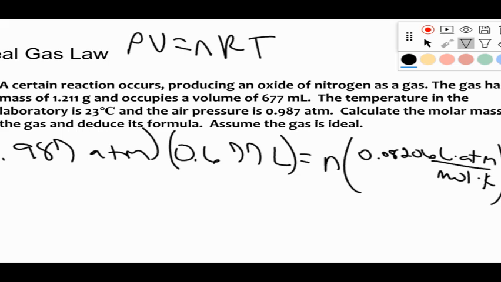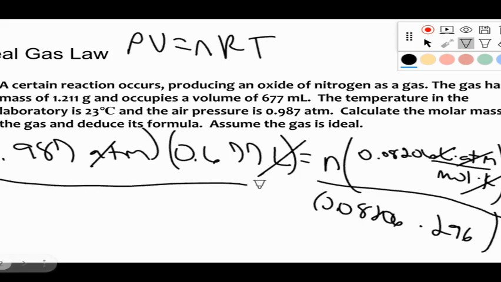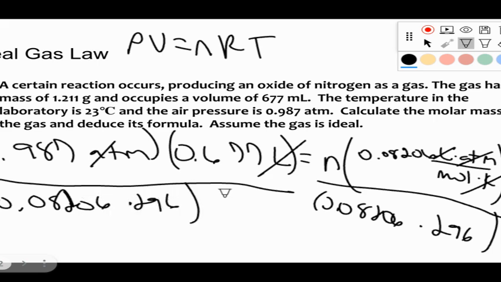I'm going to run out of room over here. Okay, so then mathematically, I'm going to solve it out. Now I'm not solving for pressure, because I won't always solve for pressure. It's just often we do. I'm actually solving for my moles, so mathematically I've got to solve this one differently. I'm going to divide both sides by my R and my T to be able to cancel them out from over here.